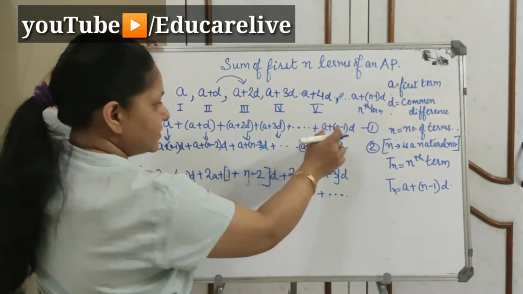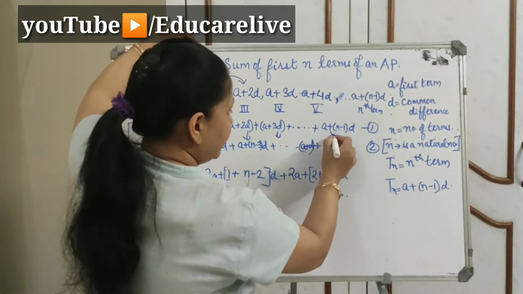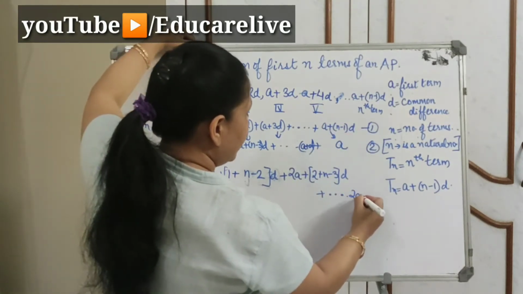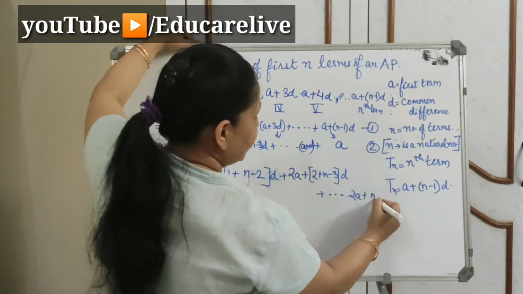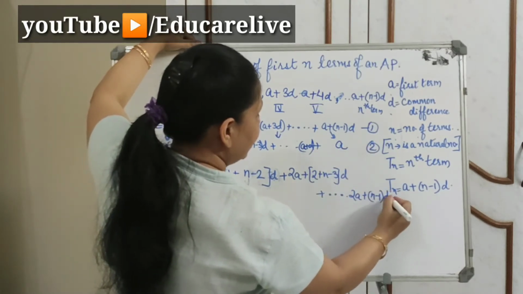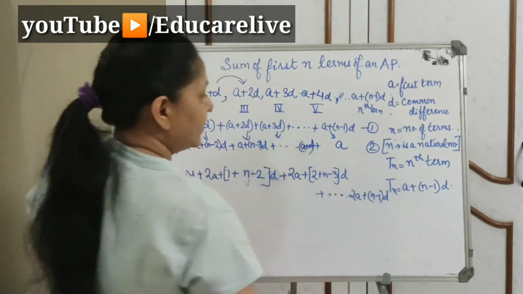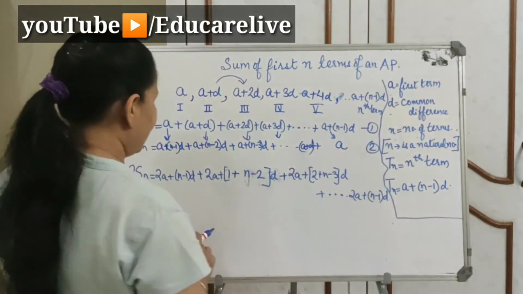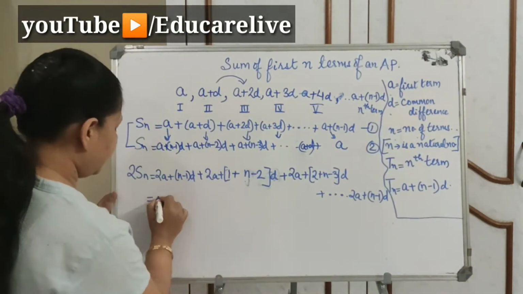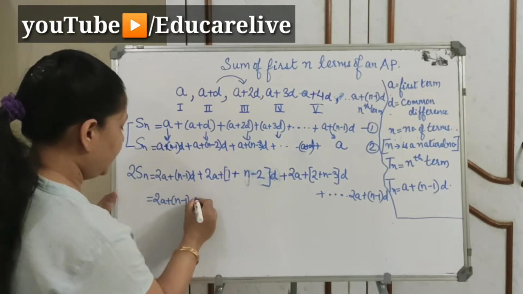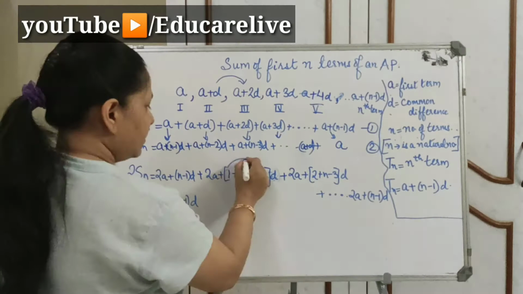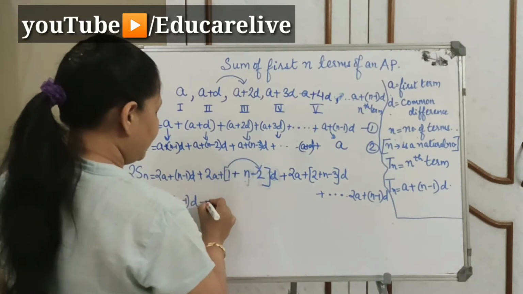Now we add the last terms. A plus a is 2a, and we don't have any d here, so it will be 2a plus n minus 1 d only. Okay, so don't get confused in this. So we have added them. Now see, this is 2a plus n minus 1 d. Okay, here minus 2 plus 1 will give you minus 1.